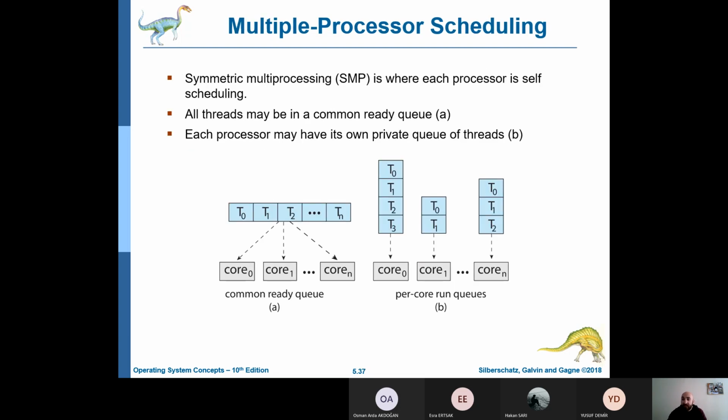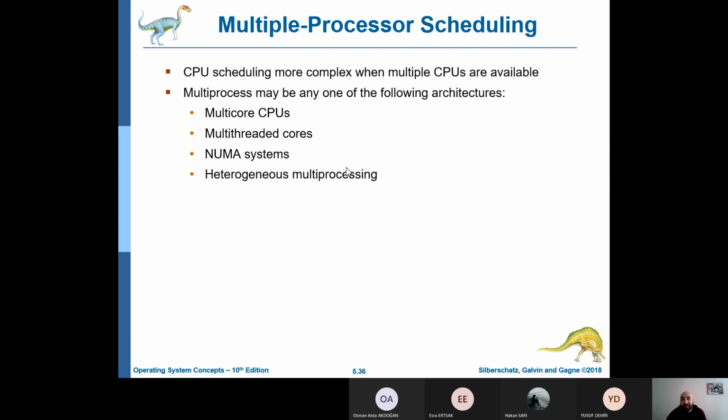We are going to discuss multiprocessor scheduling, but I think it's enough for this week. We can continue multiple processor scheduling next week. Before closing this week, do you have any question?